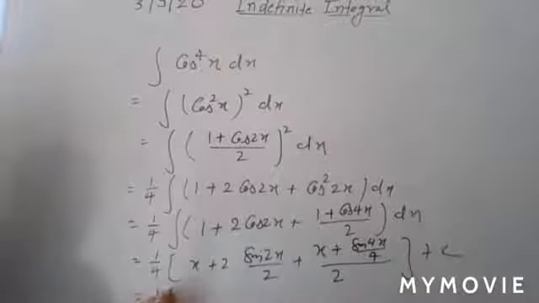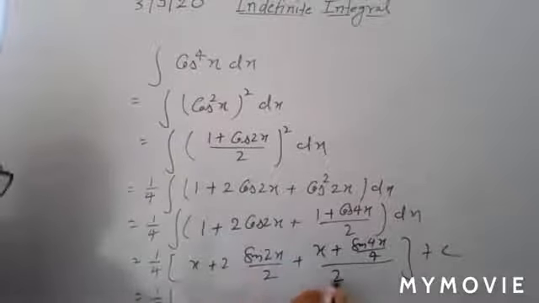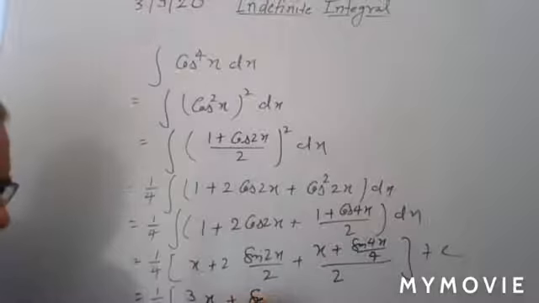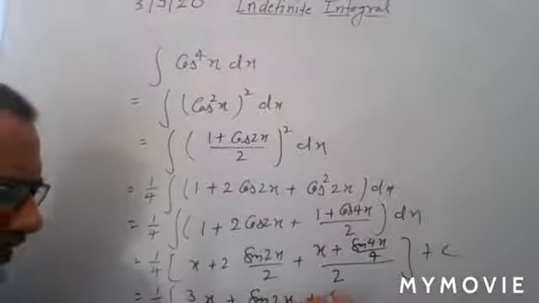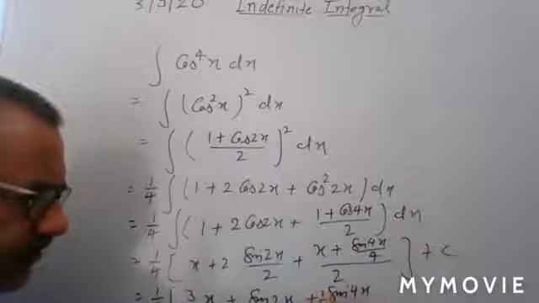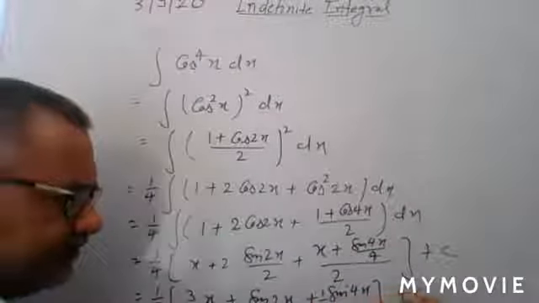So 1 by 4 into, here you have x and x by 2, so simplifying, you have 3 by 2 times x, the 2 cancels out, and here you have sin 2x plus 1 upon 8 sin 4x plus c.